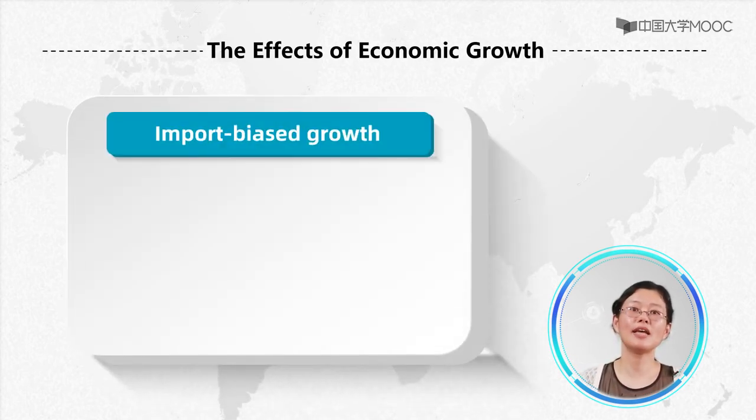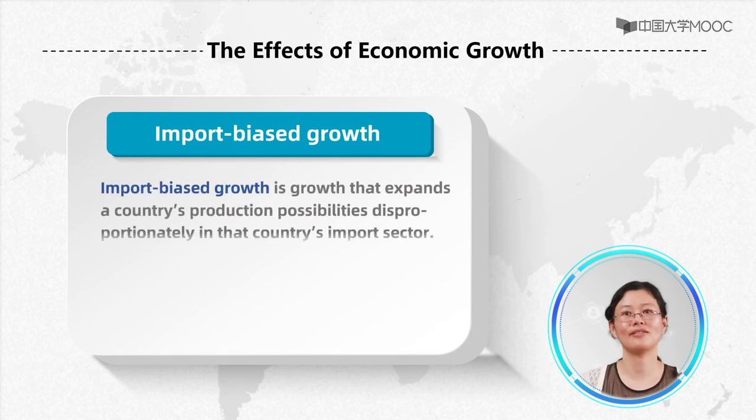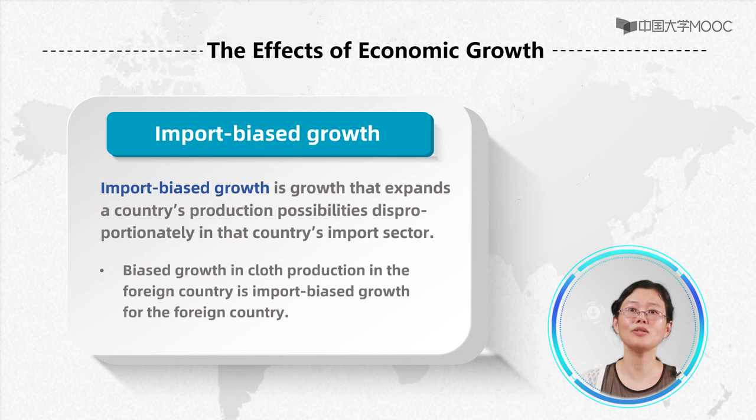The other is import-biased growth. Import-biased growth is growth that expands a country's production possibilities disproportionately in that country's import sector. Biased growth in crop production in the foreign country is import-biased growth for the foreign country.